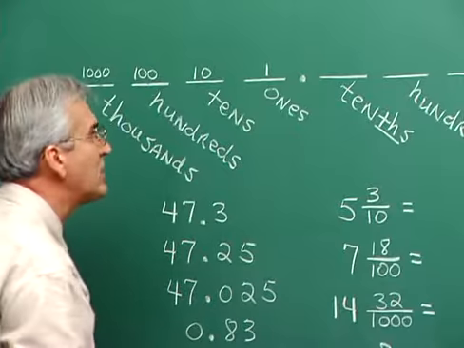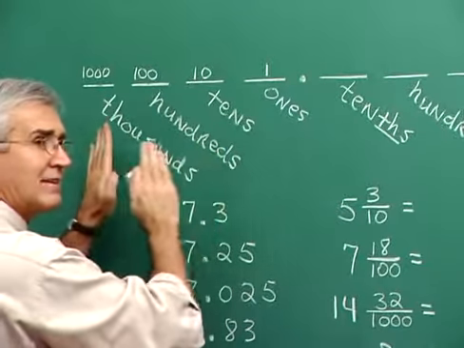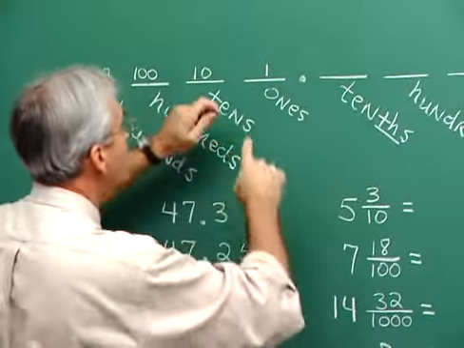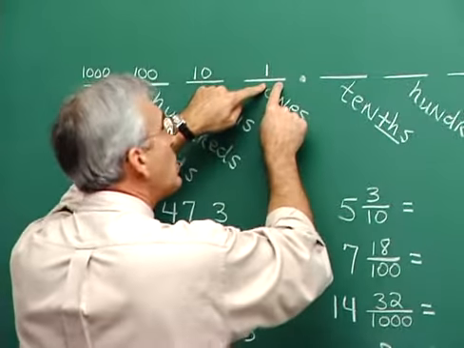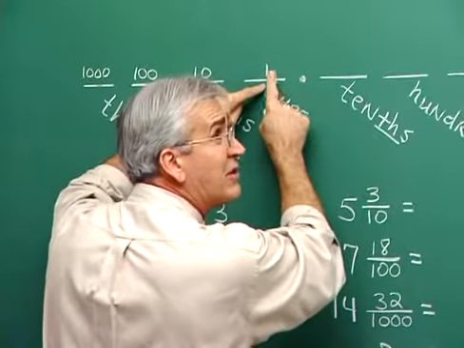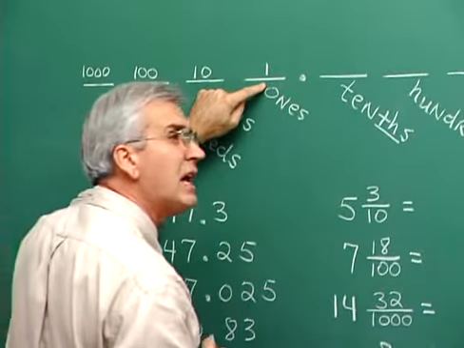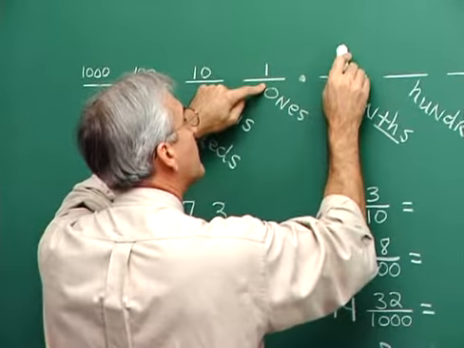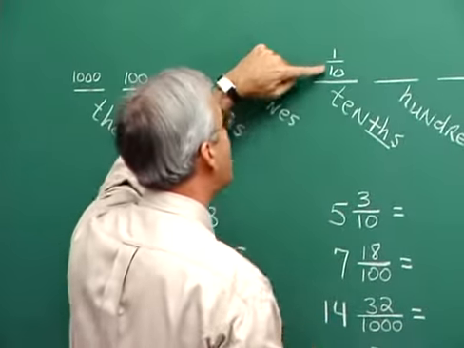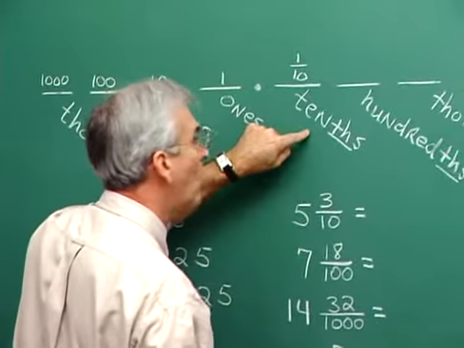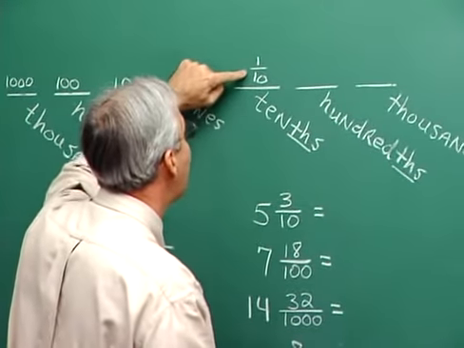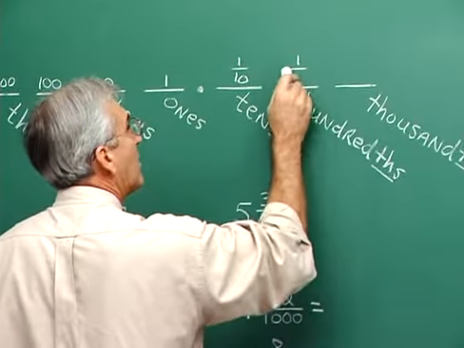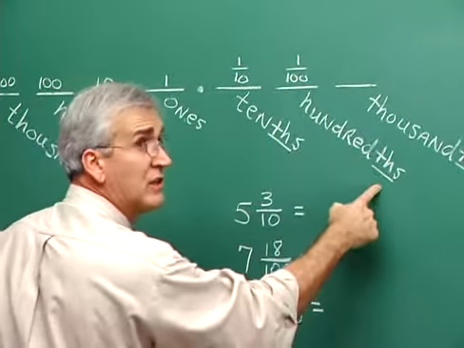Now, I want to mention that because we can use that technique to describe digit value to the right of the decimal point. If we take the value of this digit, its value is just 1, but then divide by 10. 1 divided by 10 is 1/10. So the digit value here is 1/10, and this is called the tenths digit. Divide 1/10 by 10, and it's 1/100th. This is called the hundredths digit.